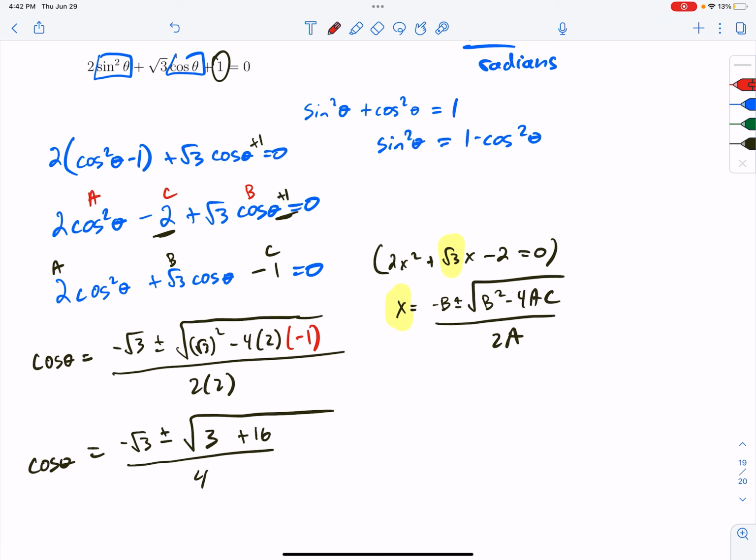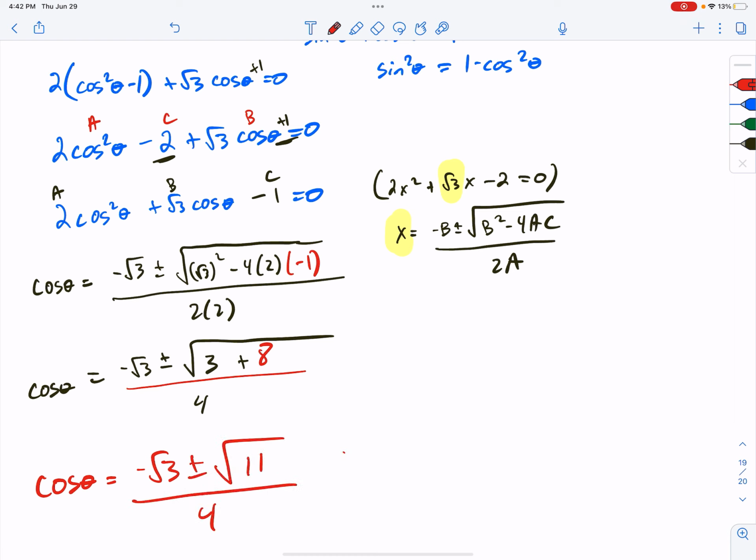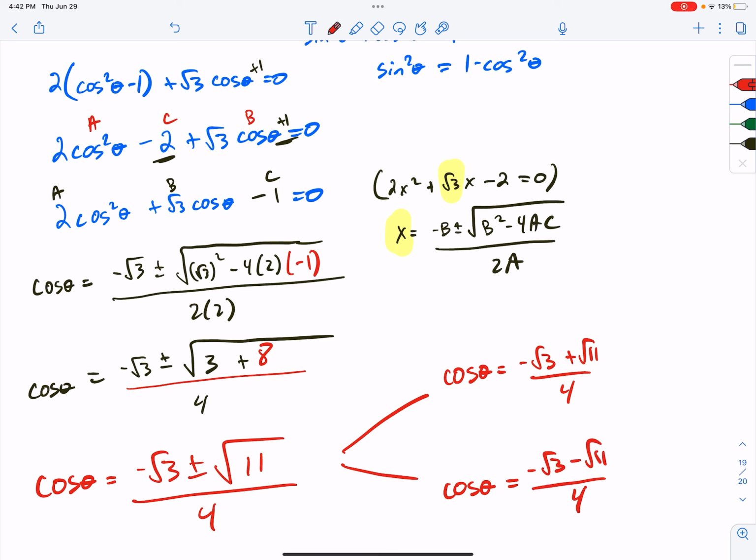This still isn't going to come out to an integer, but 8 like that. All right, well, cosine theta is going to be negative root 3 plus or minus the square root of 11 divided by 4. So my two solutions are cosine theta is equal to negative root 3 plus root 11 over 4, and cosine of theta is equal to negative root 3 minus root 11 divided by 4.